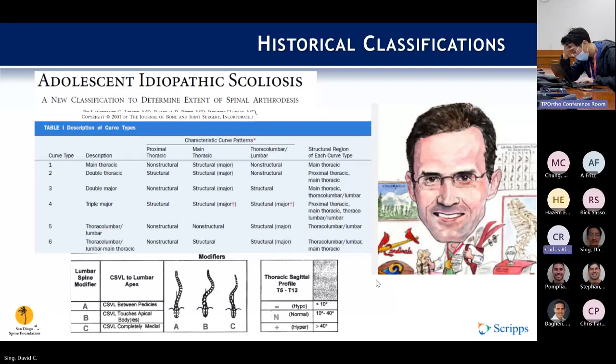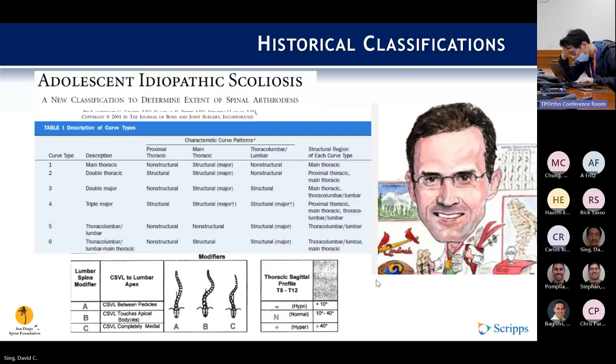And they would make it A, B, or C depending on where the CSVL falls relative to the medial border of the lumbar concave pedicle and the lateral margin of the apical vertebral body. A was in the center, between those. B was lateral to, and then C was medial to the lateral aspect of the lumbar apical vertebral body.